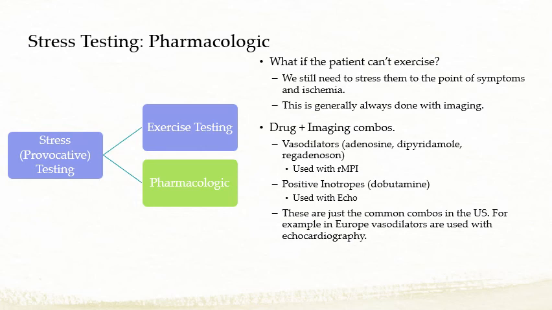Vasodilators like adenosine, dipyridamole, and regadenoson tend to be used with nuclear medicine, whereas positive inotropes like dobutamine tend to be used with echocardiogram. These are just the common combos. Depending on your health provider or the place you're working at, you may see different ones, but just so you have some familiarity with them.